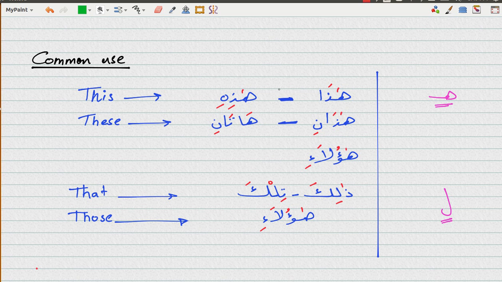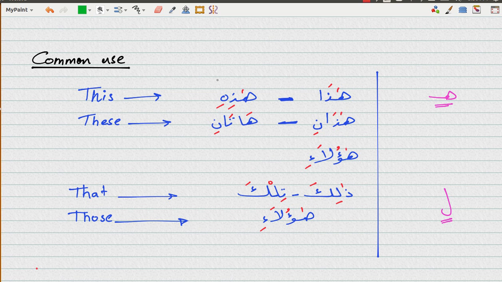Now, a small point. I just said that هؤلاء is used to point at a group of people. It is not used to point at a group of animals or objects. In this case, if you want to point at a group of animals or objects, you use هذه, the feminine singular pronoun.